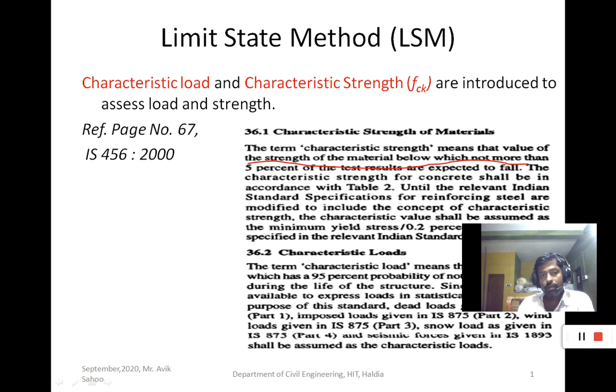Because the constituent ingredients of the concrete may vary in quality, the quality and proper gradation has to be maintained. So there are a lot of uncertainties that affect the strength of concrete.